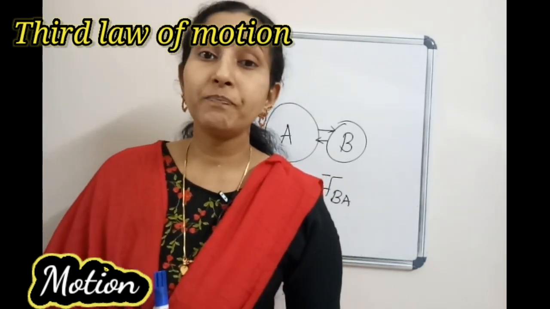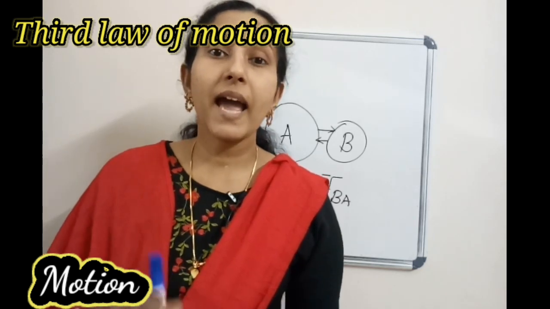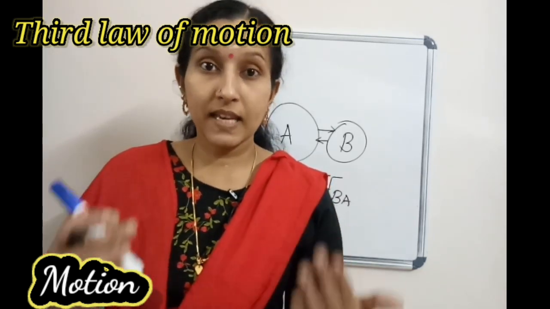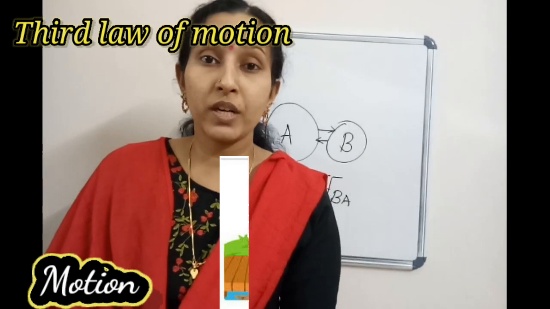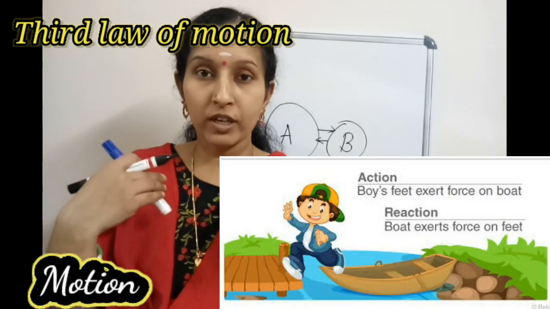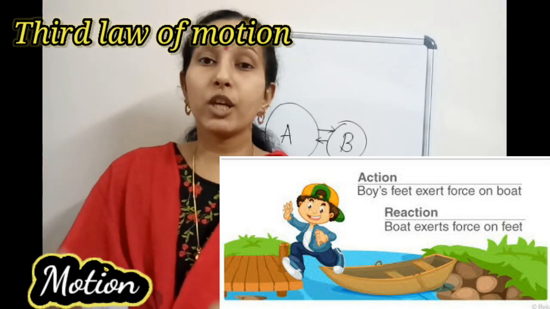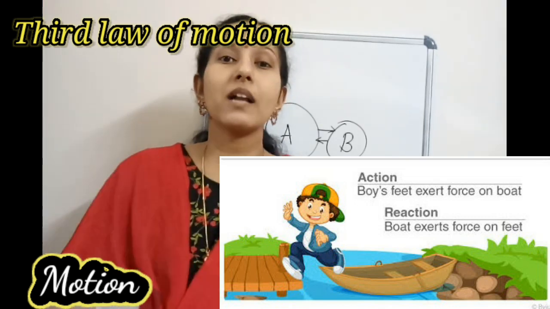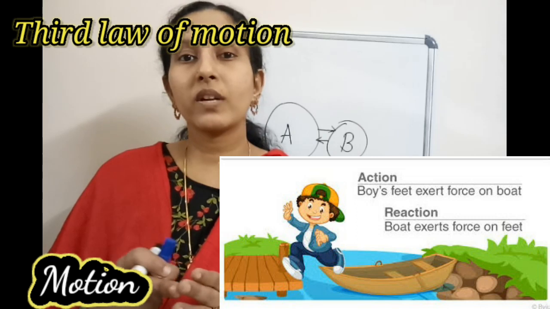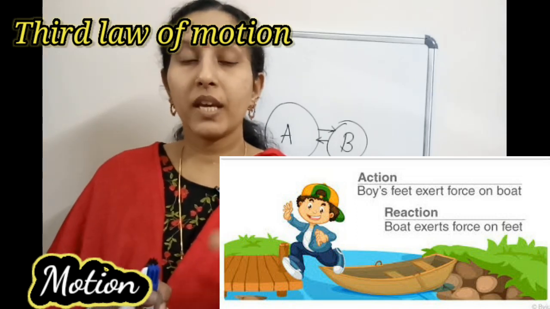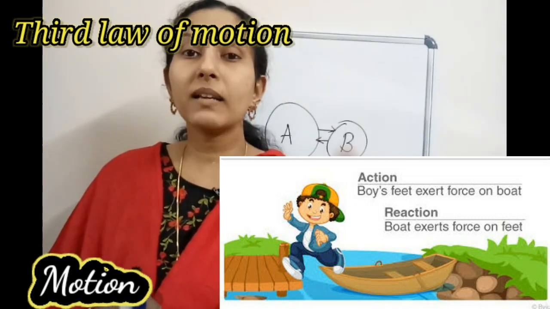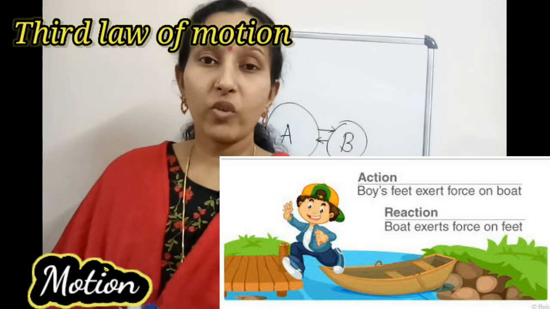And another one: as the sailor jumps in the forward direction, the boat moves backward. When the sailor jumps in the forward direction, you can see that the boat moves backward. This is also an example of Newton's third law of motion. So suppose a sailor jumps forward, but the boat is coming back. Why?